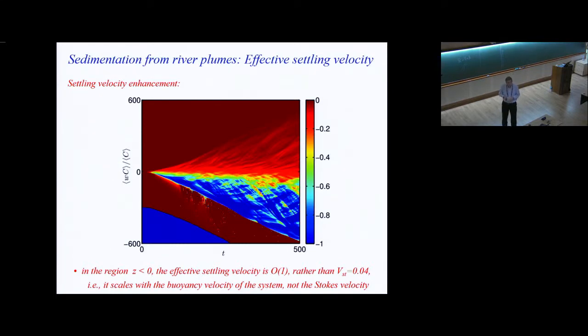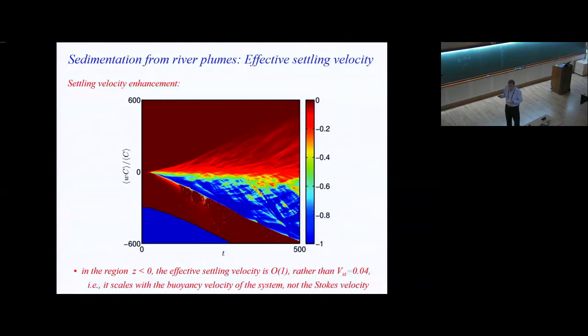So what does that mean? Well, -1, according to the way we made things dimensionless, is the buoyancy velocity of the system. So what this tells us is that the sediment effectively settles with the buoyancy velocity of the system rather than with the Stokes settling velocity. The Stokes settling velocity in this case was 0.04, so that is much, much smaller, and we find that the sediment settles effectively with 1, so 25 times larger than the Stokes settling velocity.